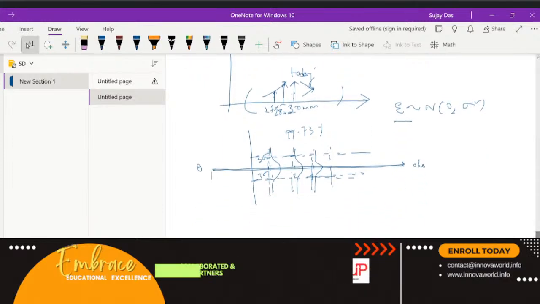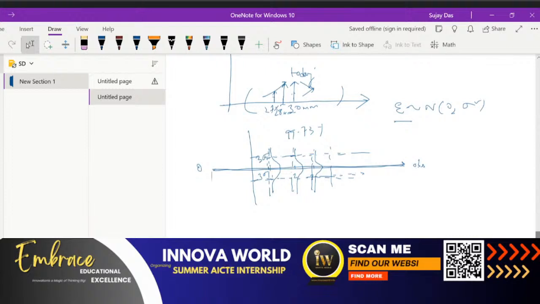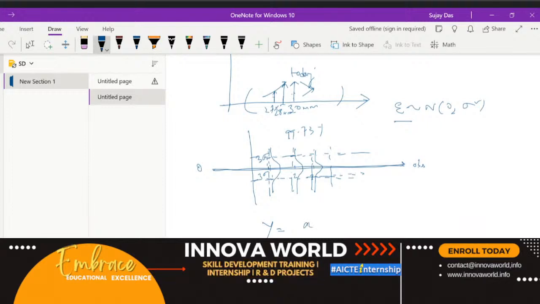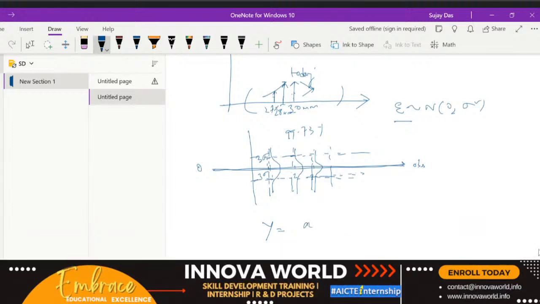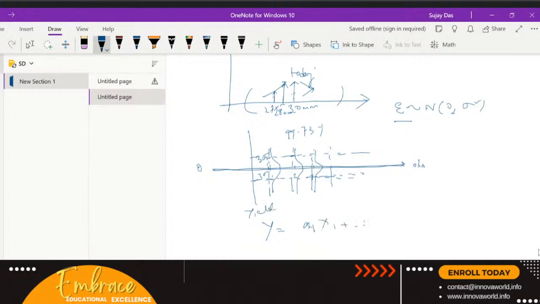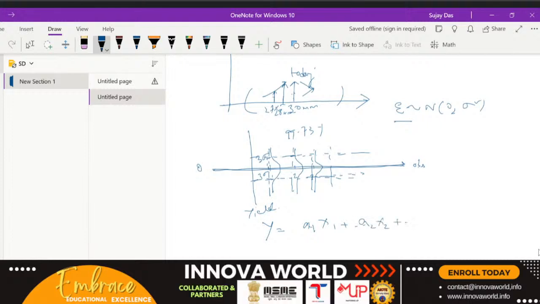And the next is multicollinearity. We will try to understand it in very simple terms. Suppose we are using this model, predicting y, where y may be, for example, yield. We are using variables a1 x1, a2 x2, up to an xn.